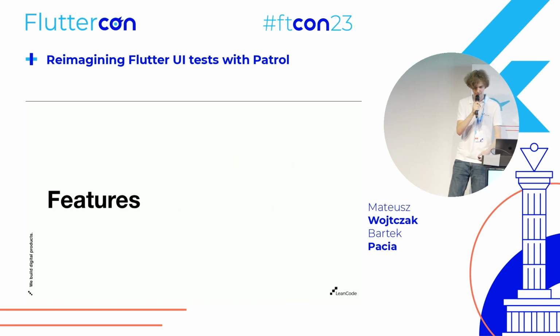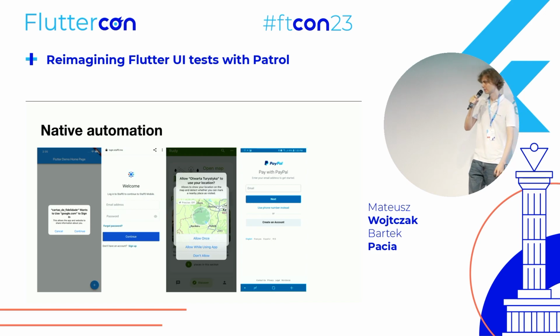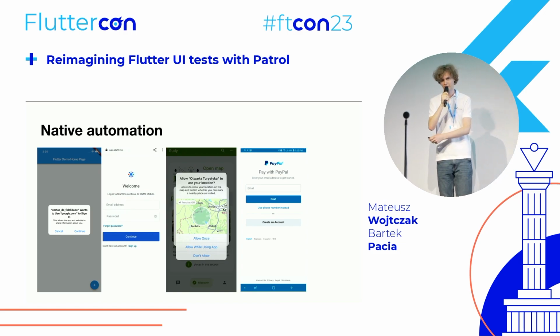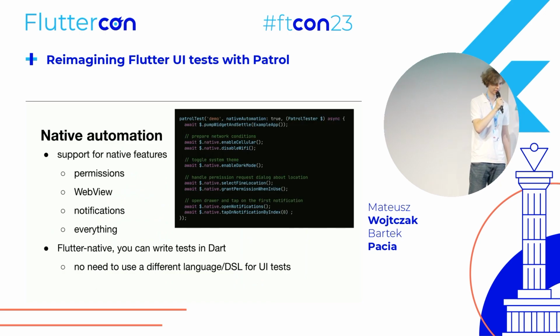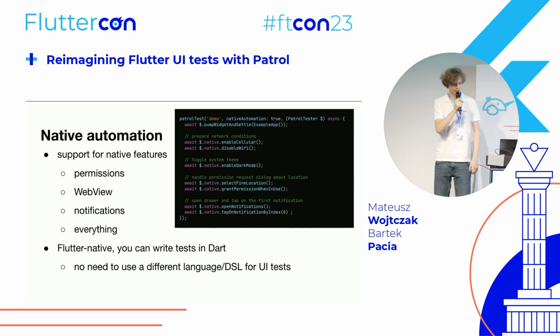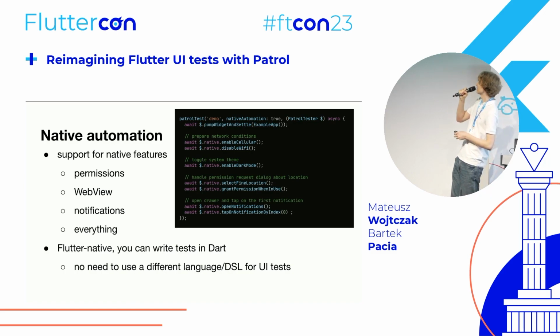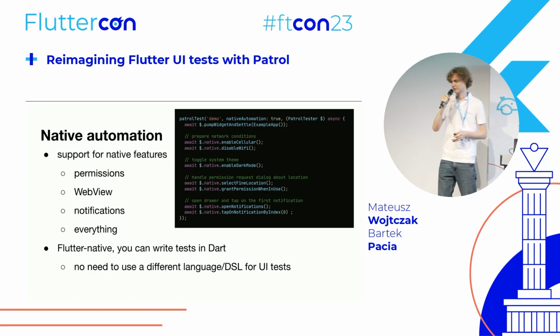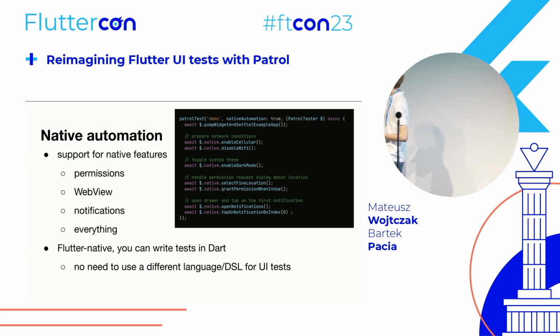So what are Patrol's features? Of course, the first and most important feature is native automation. It finally allows you to interact with all these native UI elements in your apps. It's no longer a problem. Let's see how that looks in code. The snippet doesn't differ much from a normal widget test in Flutter, except that you use patrolTest instead of the testWidgets function.